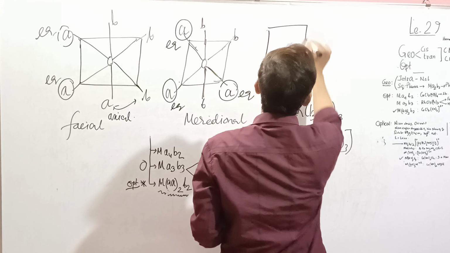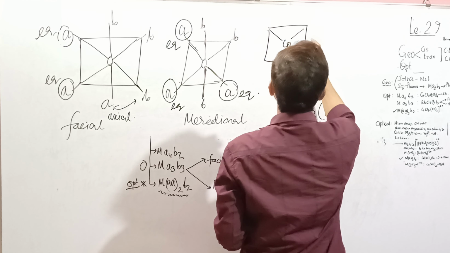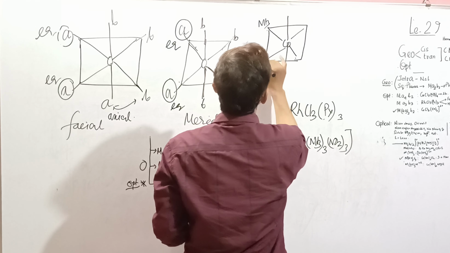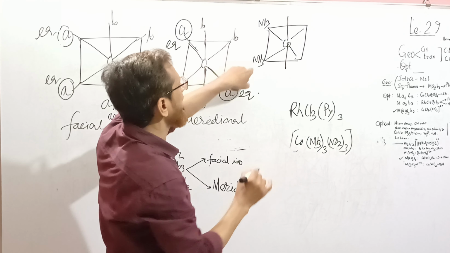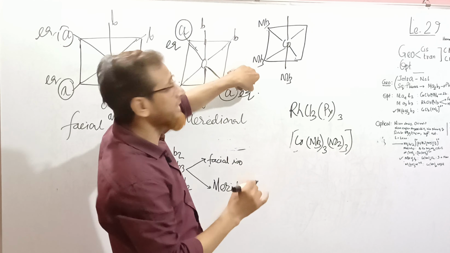This you see, cobalt is the metal. So you write NH3, A, adjacent and equatorial, and it is axial. And now Na2, the remaining part.